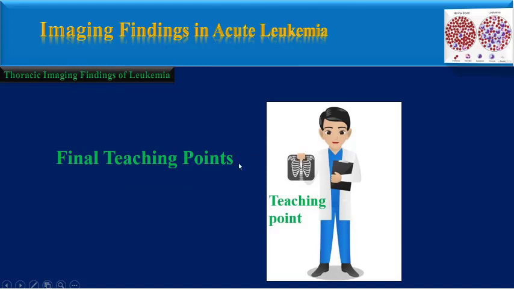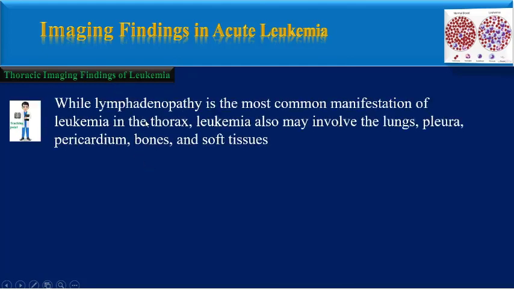And these are the final teaching points of this long presentation about thoracic imaging findings of leukemia. While lymphadenopathy is the most common manifestation of leukemia in the thorax, leukemia also may involve the lung, pleura, pericardium, bones, and soft tissues.